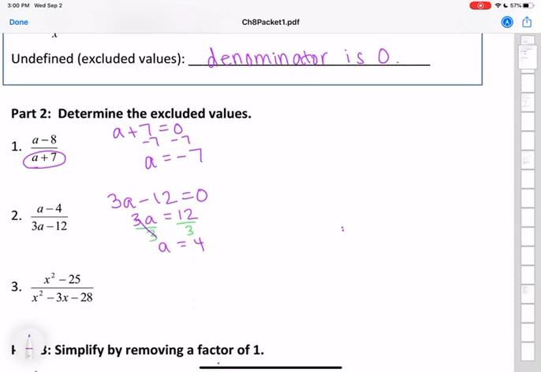All right, for the next one, again, we don't care about the top, right? We just care about the bottom. So I have x squared minus 3x minus 28. And that one, if you can look at it and know the answer, I'm impressed. That one we're probably all going to have to show some work on, right? So I'll set it equal to 0 to start.